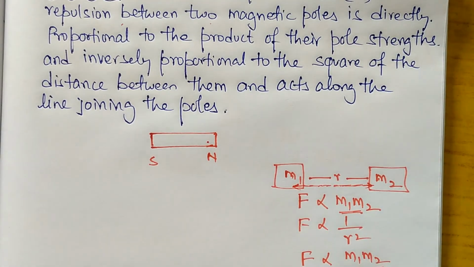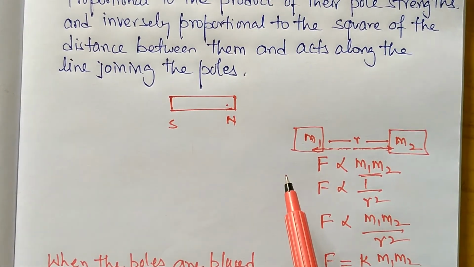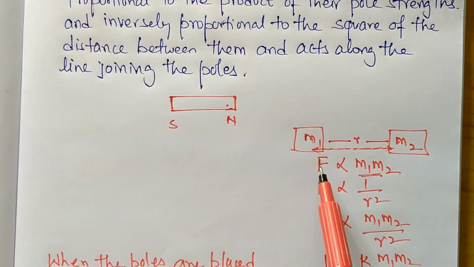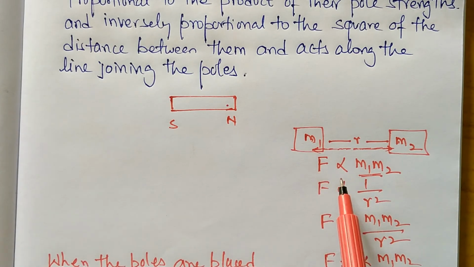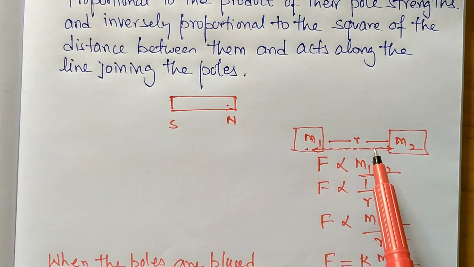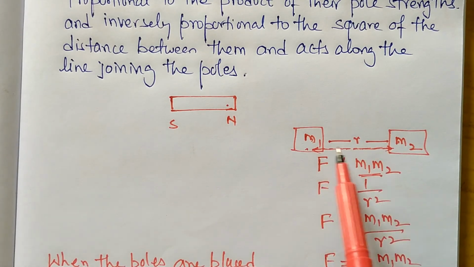So this was what Coulomb explained about the pole strengths of the magnets, the distance between the poles, and the medium in which they are placed. Strictly speaking, the inverse square law of magnetism is hypothetical because isolated poles do not exist. We shall study it because it offers several advantages in understanding the concept of magnetism.